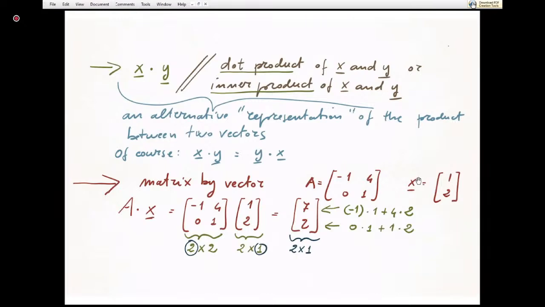So for instance, the first entry of the result is -1 times 1 plus 4 times 2, which is 7. The second element of the result is 0 times 1 plus 1 times 2, which is 2. And this is the result. We have just multiplied separately 2 rows by the same column.